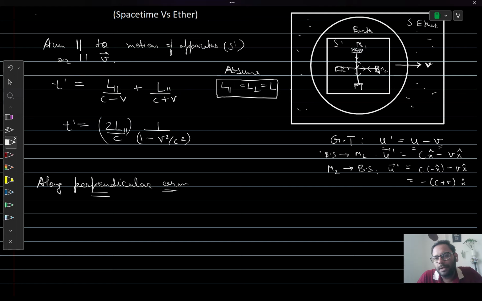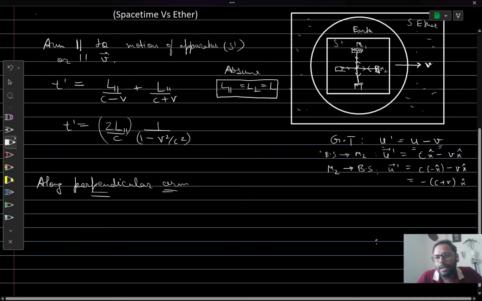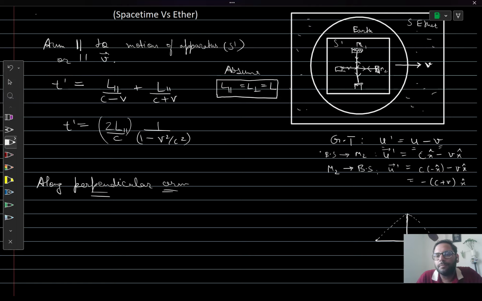In the S prime frame, the light will look like it goes straight, but actually in the S frame, it will cover a motion like this. So this is my L perpendicular.